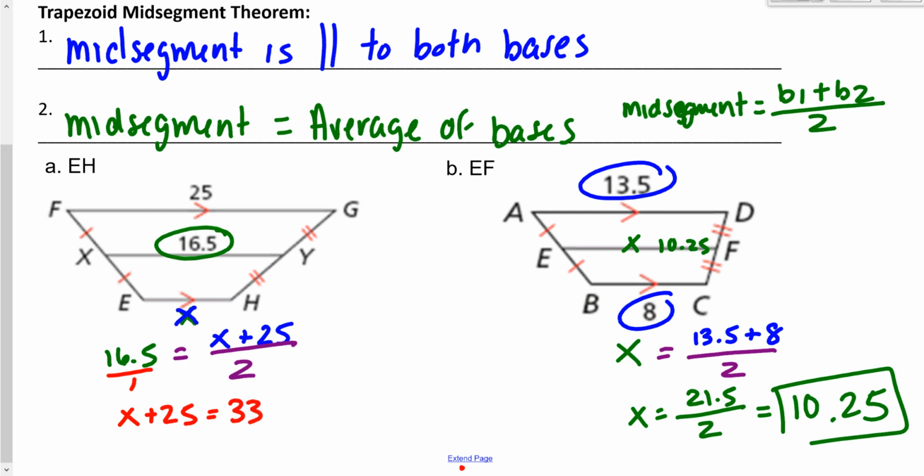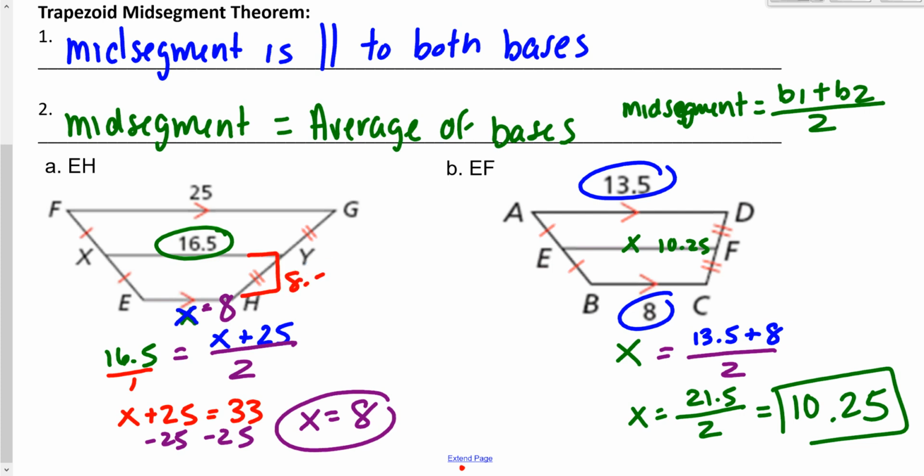And then when I subtract 25 on each side, x is equal to 8. Okay. Now there's also a small trick here. If I look here, the difference between these two values is 8.5, which is the same here. So if I can tell the difference between two, I can just continue it on the other side. And then here I just have to add it up and divide by 2. So those are the little tricks. This is the midsegment of a trapezoid. So right now you are going to complete your daily work and then turn it in.